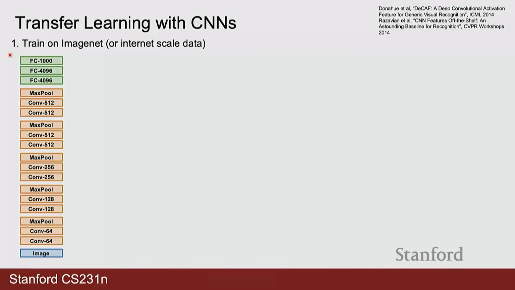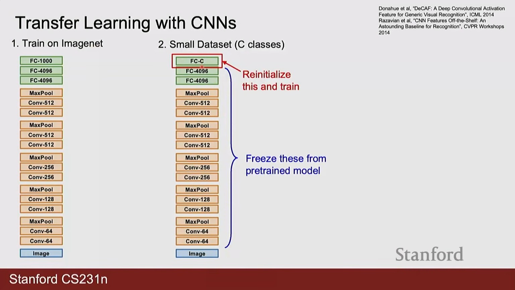You would first train your model on ImageNet, or just grab a model someone else has trained on ImageNet or one of these really large internet-scale data sets, and freeze all of these layers so you don't train any of them. You replace the final layer, instead of 1,000 classes in the case of ImageNet, with the number of classes in your data set. Then when training, you only train this layer.